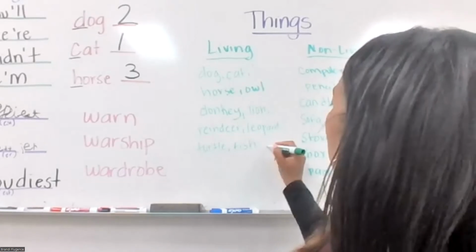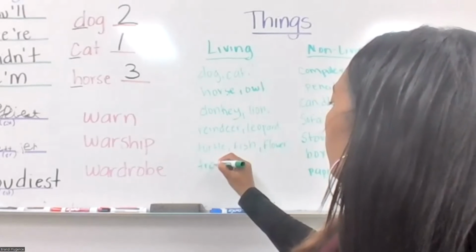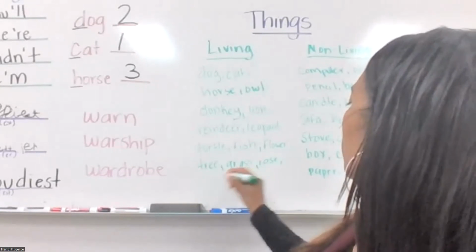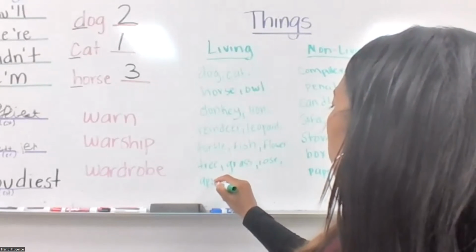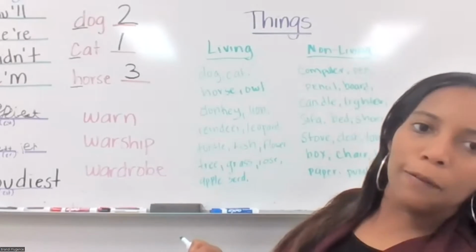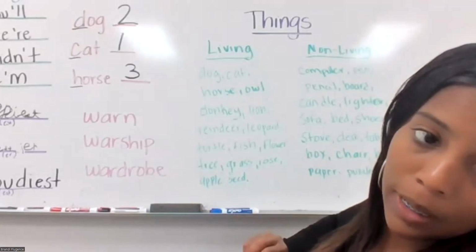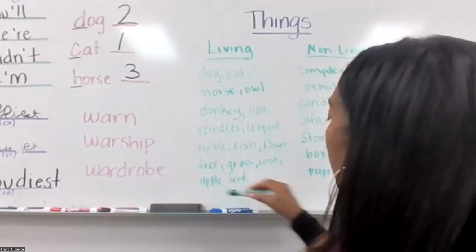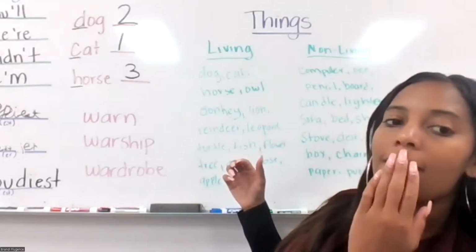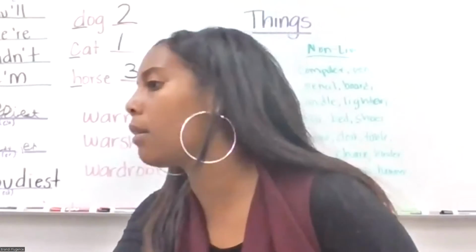We said flowers, a tree, a rose, grass, Johnny Appleseed. So living and non-living things. On your test, I'm just going to ask you to list some living things and list some non-living things. That's it. So you want to write this down? If not, a video will be up.